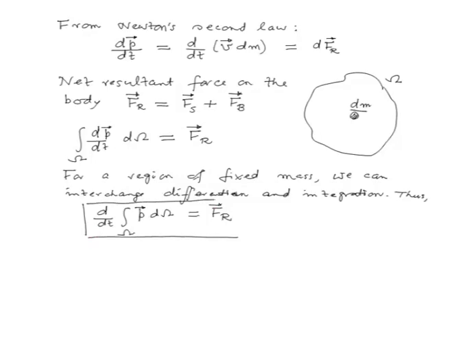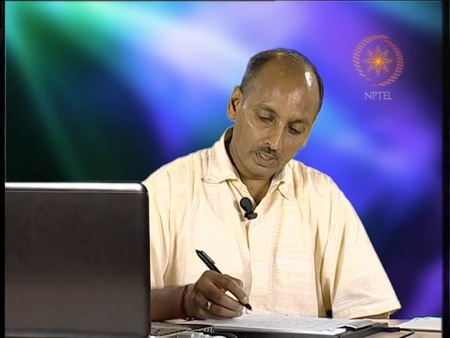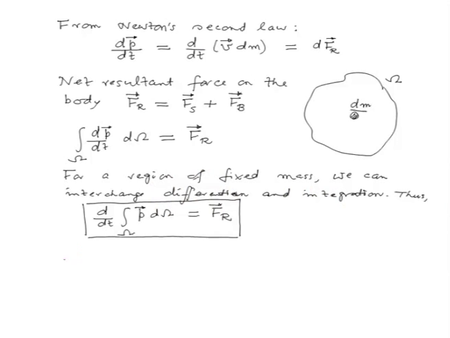Now, from here we can identify one extrinsic quantity which we can call momentum of the total body.